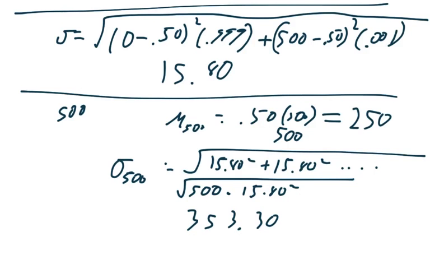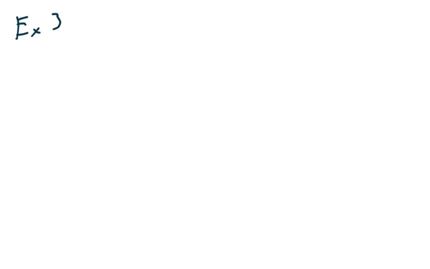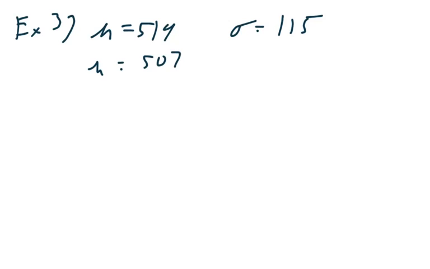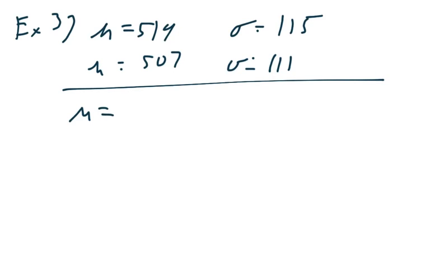For example number 3, once again we're assuming that this is all independent. So if I have a mean of 519 and a standard deviation of 115 and a mean of 507 and a standard deviation of 111, when I get the mean of the total, I just have to add these two numbers, which is easy enough.